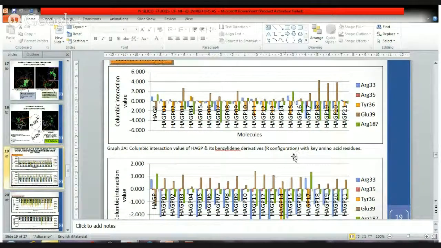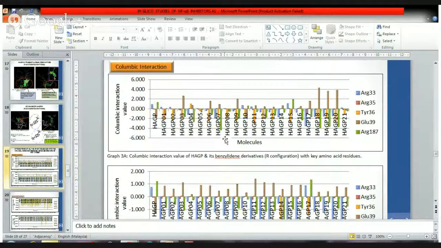For the R configuration, we can see that HAGP07 is known to have a significant coulombic interaction with arginine 187. Moderate interaction can be seen in HAGP04 with arginine 187. And then HAGP06 also forms a moderate coulombic interaction with tyrosine 36. Weak coulombic interaction can be seen in HAGP18, where they form the weakest interaction with glutamic acid 39.